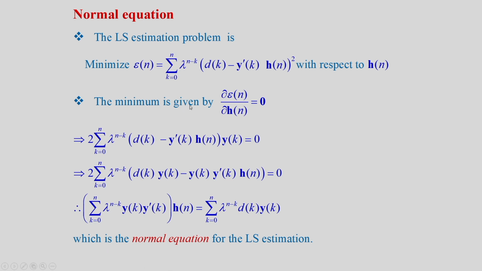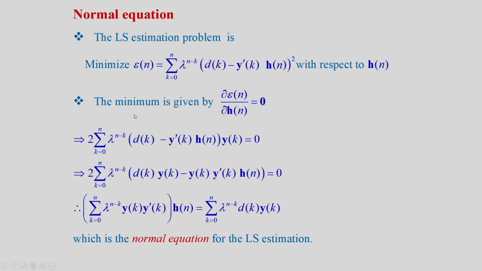Now, the minimum is given by this condition: del En del Hn vector is equal to 0 vector. So, here we carry out the differentiation with respect to Hn vector. We will get, because of this square, 2 will come, and then this part will be there as dk minus yk transpose into Hn, and then because this quantity also has the term Hn, if we differentiate with respect to Hn, we will get yk here.